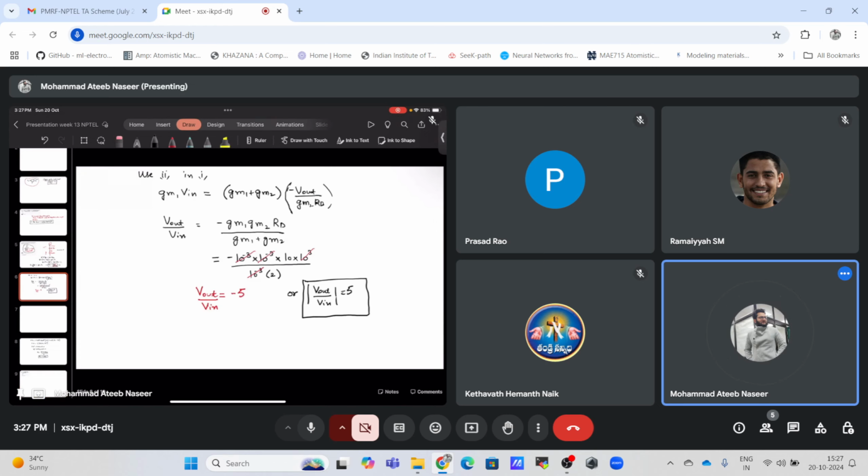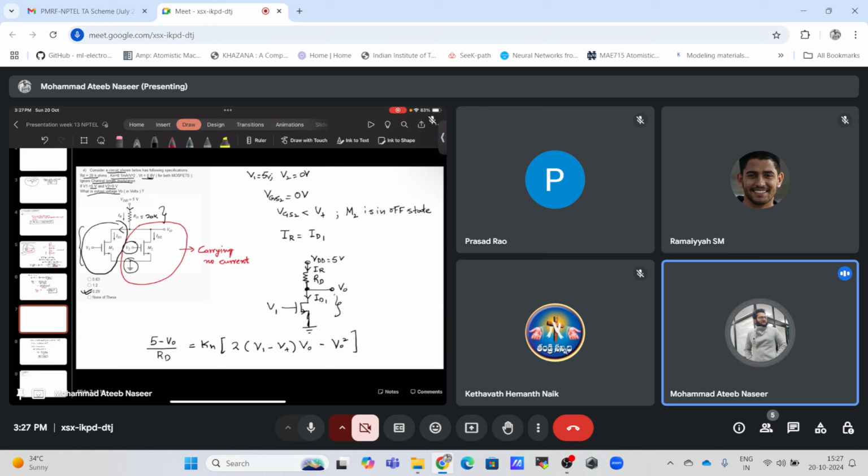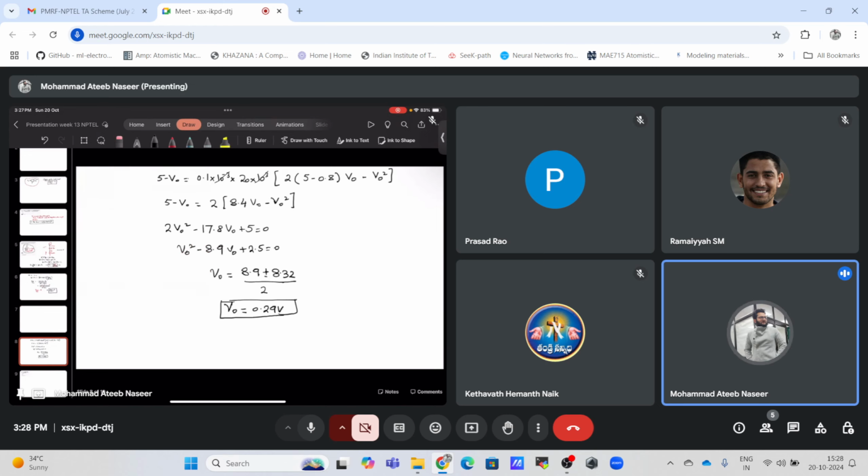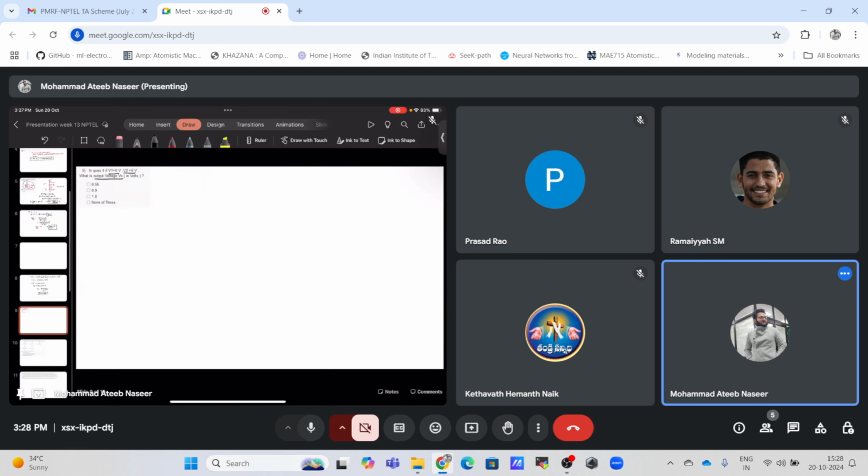I guess it will be the same thing, because both the transistors are identical. So there is no funda in doing this.